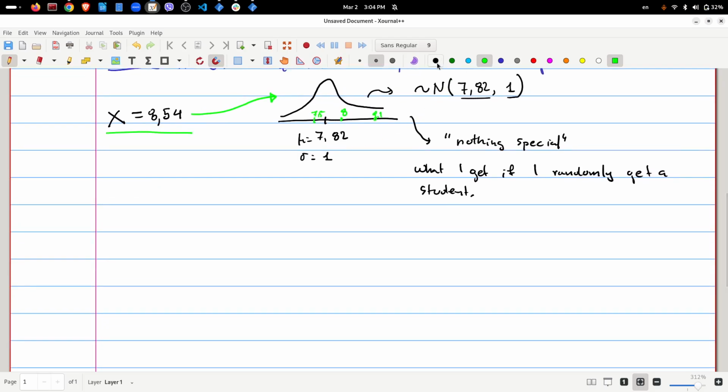So I'm working as follows. I form the so-called null hypothesis, thinking that, okay, let's suppose that x is indeed a value from this distribution. And let's call this distribution P.